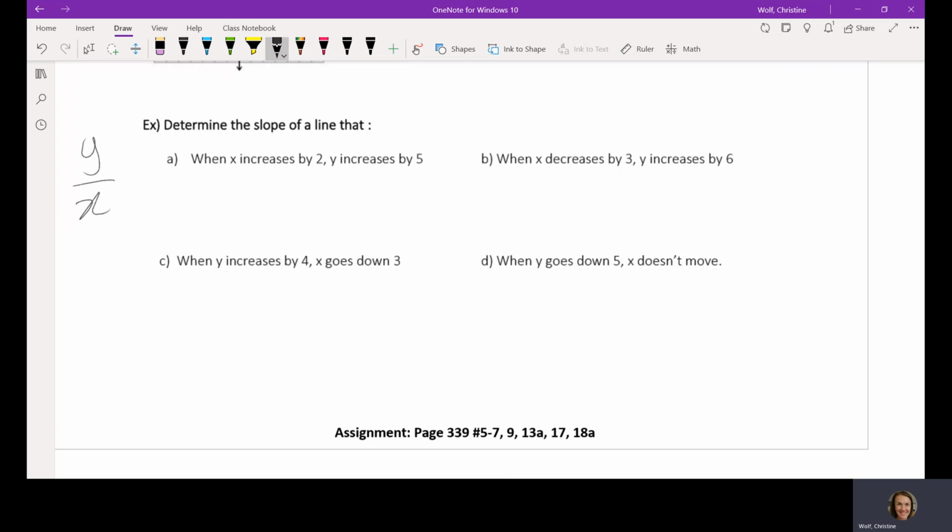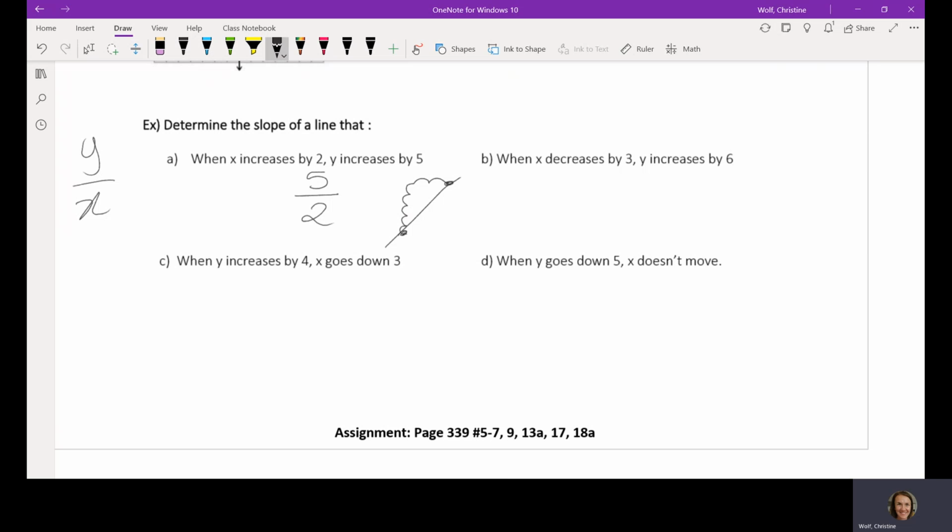So if I say here, when X increases by 2, Y increases by 5, if I want you to write that as a slope, you put the Y movement on top and the X movement on the bottom. So Y increases by 5 and X increases by 2. That would be the slope that describes that, 5 over 2. Y goes up 5, X goes up 2. That would be like this. Up 5, 1, 2, 3, 4, 5, to the right 2.